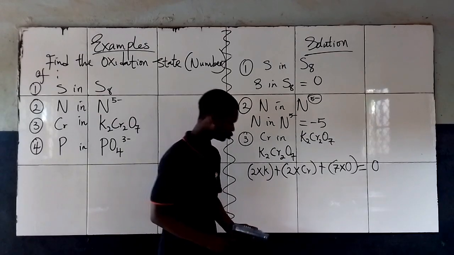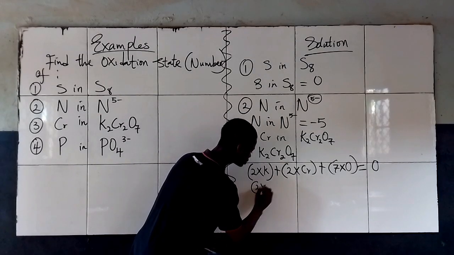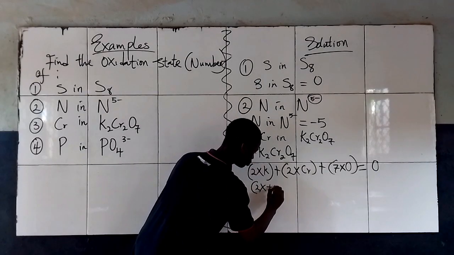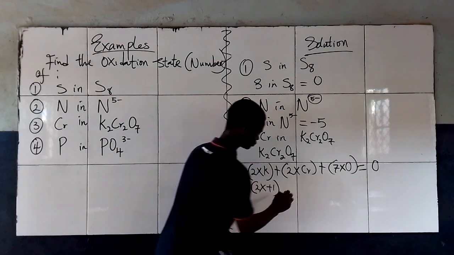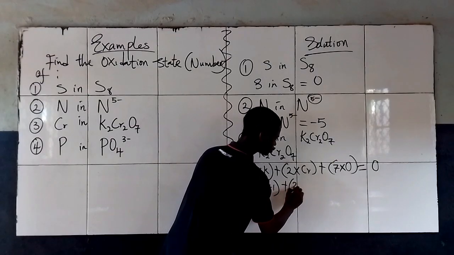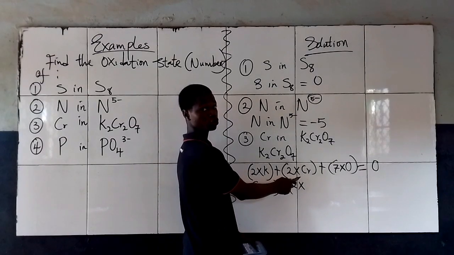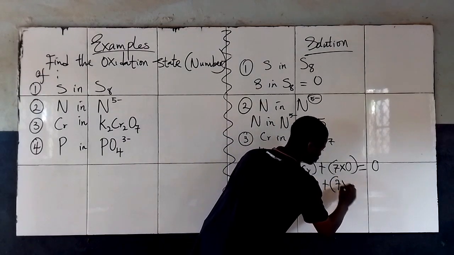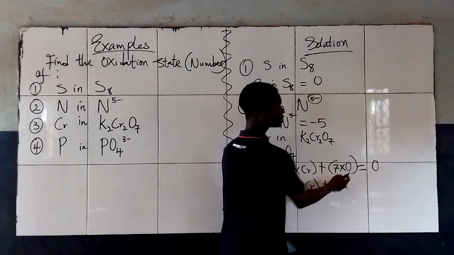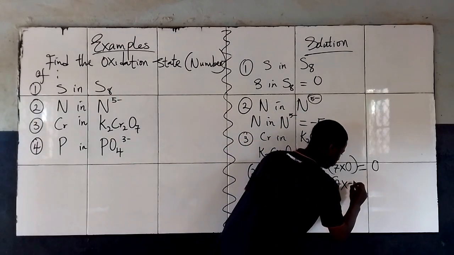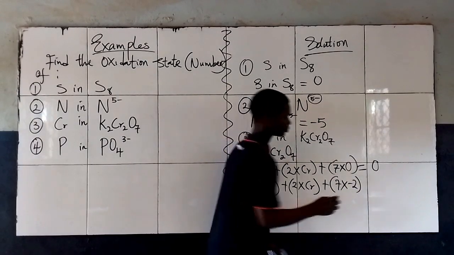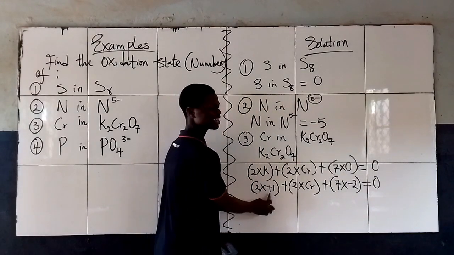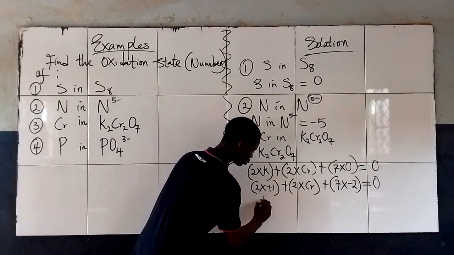So it will now be 2 times the common oxidation state for potassium, which is plus 1, added to another bracket, 2 times, we don't know for chromium yet, so we leave it as Cr, plus 7 times that for oxygen, which in most cases is minus 2. So this is what we have. It will now be equal to 0. So let's continue solving. 2 times plus 1 will be plus 2.